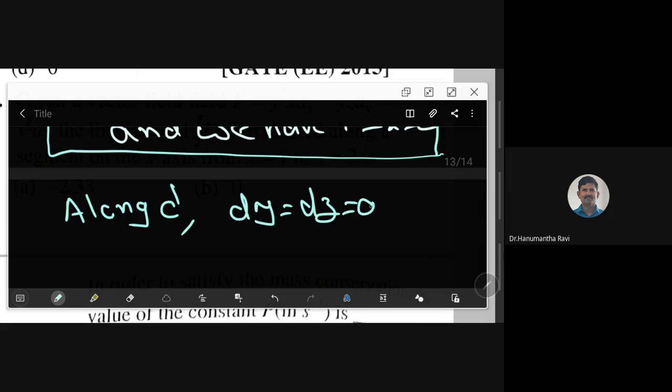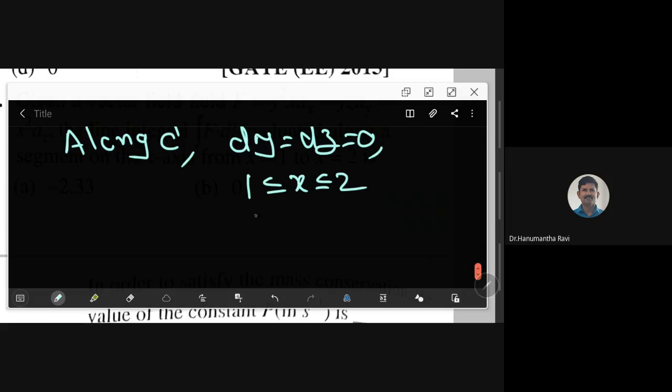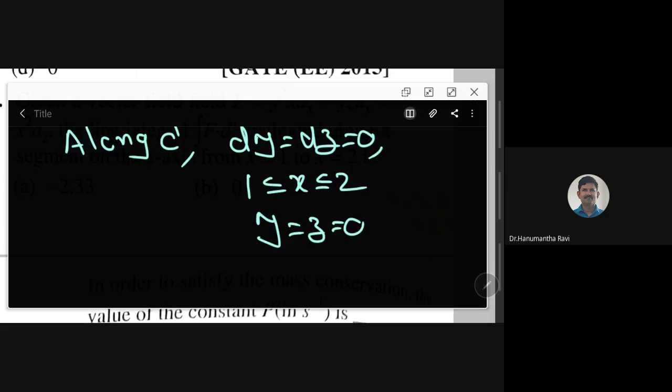That is the first thing. Further, there is one more point to be noted: y is equal to z is equal to 0.